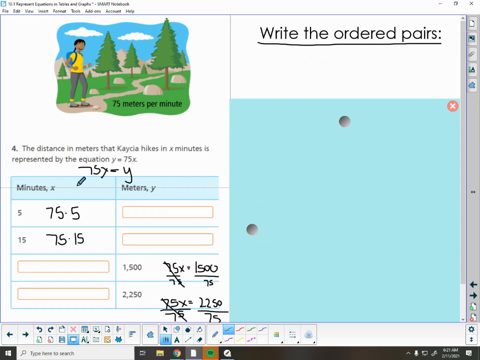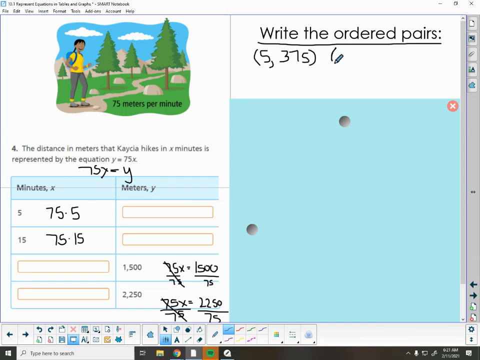So now we want to write the ordered pairs from this chart here. So we know x comes first, then y. So my first ordered pair is going to be 5 for my minutes, and then 375 for my y. So when I walk 5 minutes, I've gone 375.